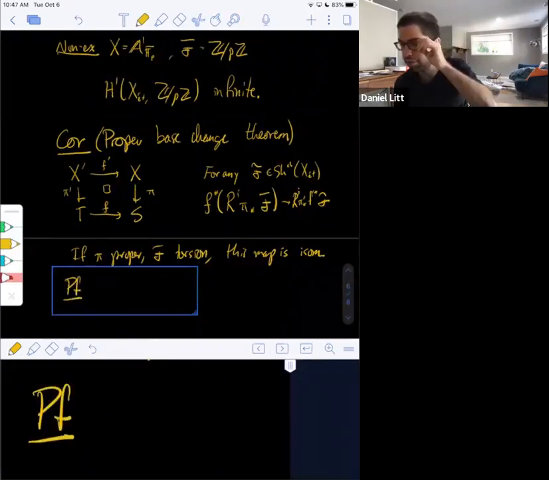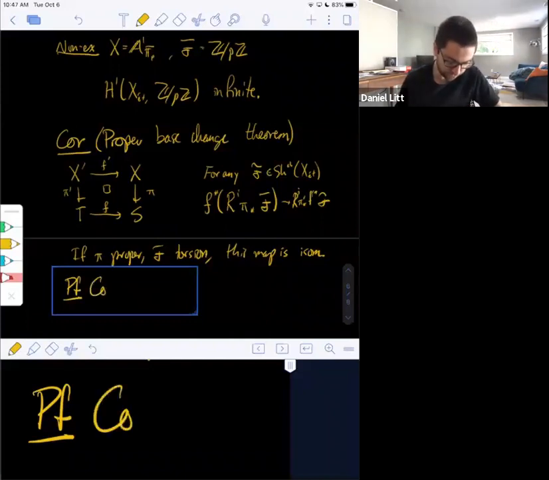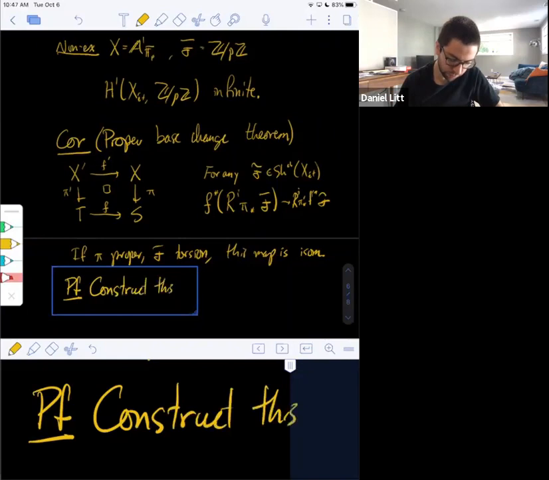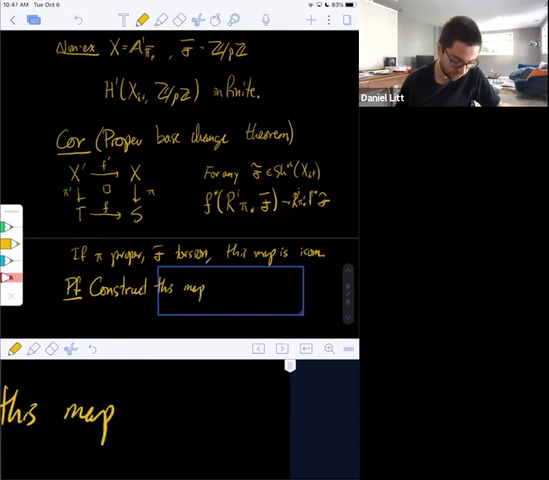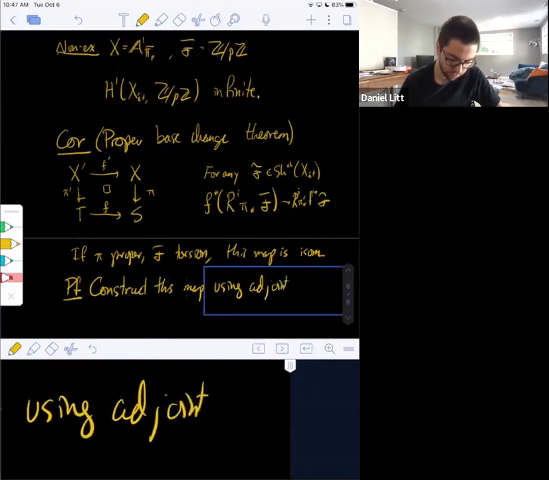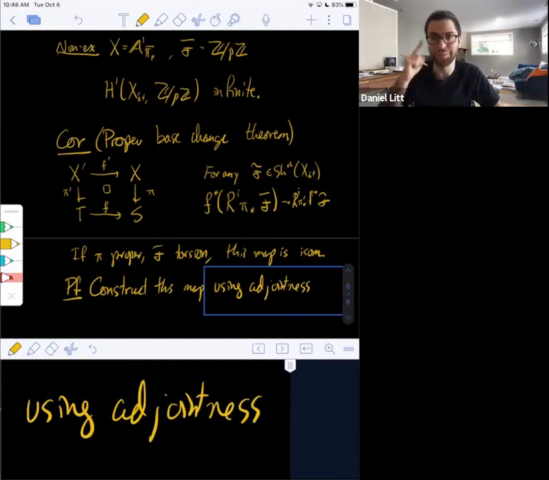All right, so I will say one word about how to deduce this from the previous theorem, and then I think we'll be out of time. So the proof is that you construct this map using adjointness. Doing that requires some friendliness with derived categories that I don't want to assume in this class, so I'm not going to do it.